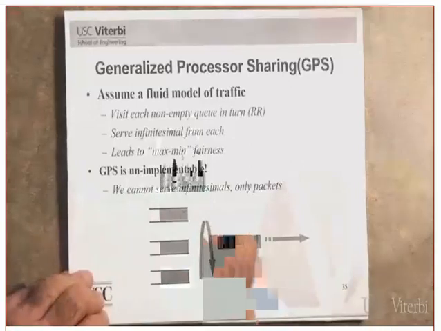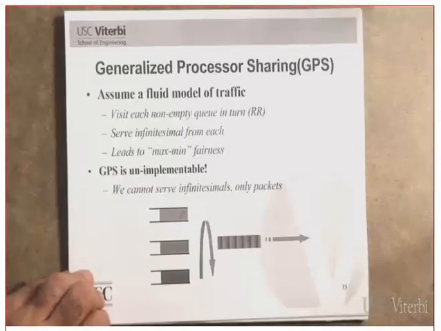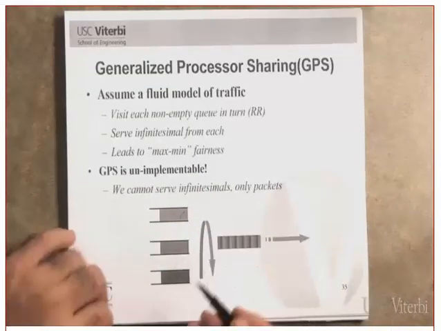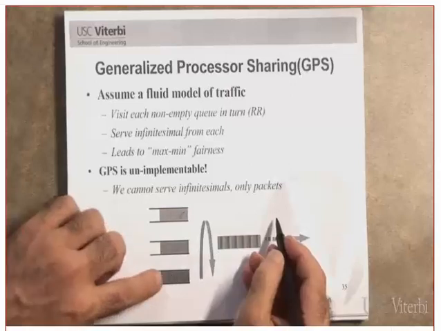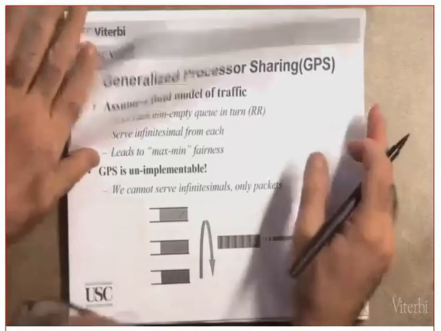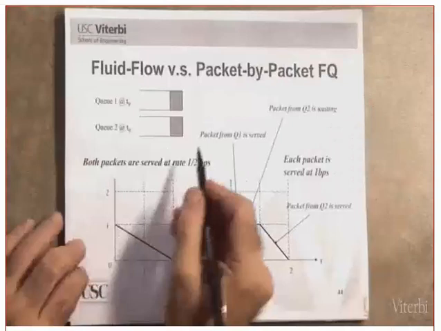In this case, let's assume the capacity of the server was C. I showed you this last example. Let's assume they have 2 packets arrived, each 1 unit long.